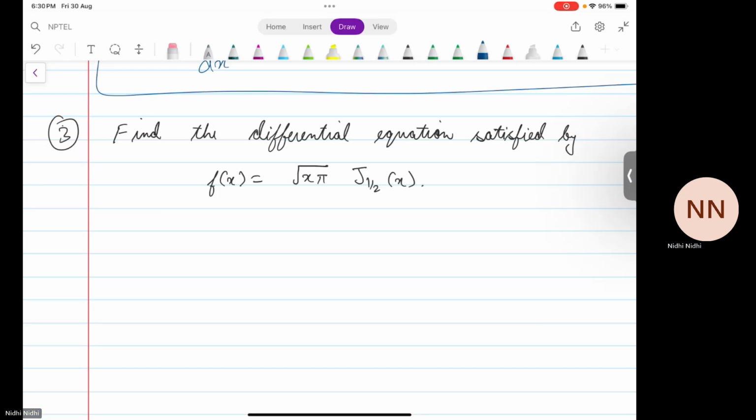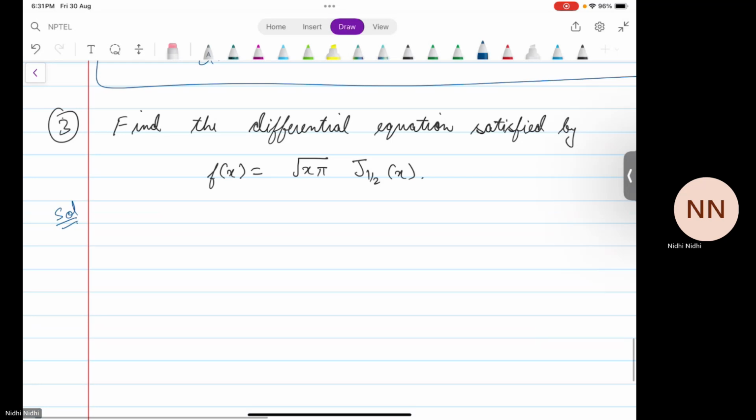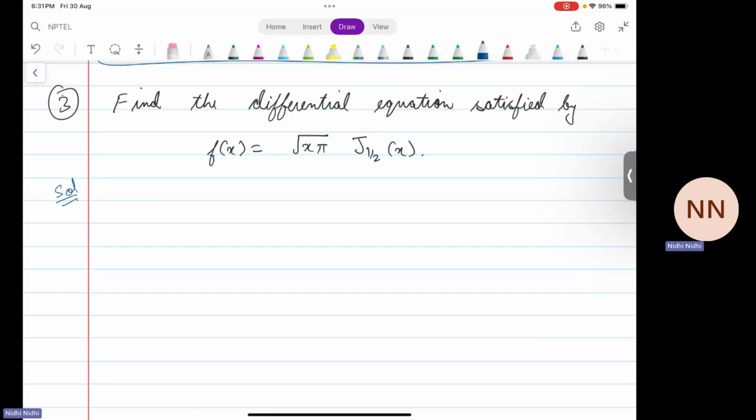So we all know the expression for J_(1/2)(x), and we'll just have to check what kind of differential equation it satisfies.